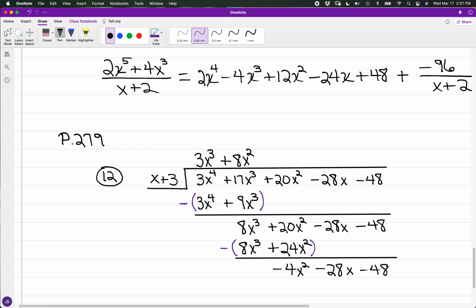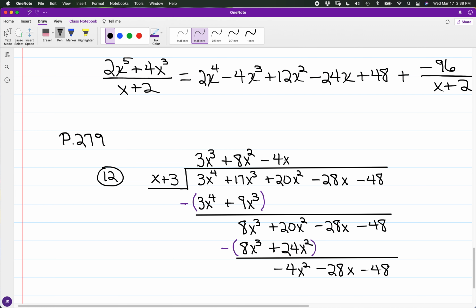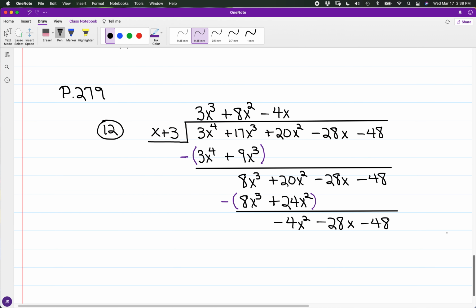Now we have x into negative 4x squared, so we have a negative 4x. With the distribution, we're going to have negative 4x squared and negative 4x times 3, so this will be negative 12x.